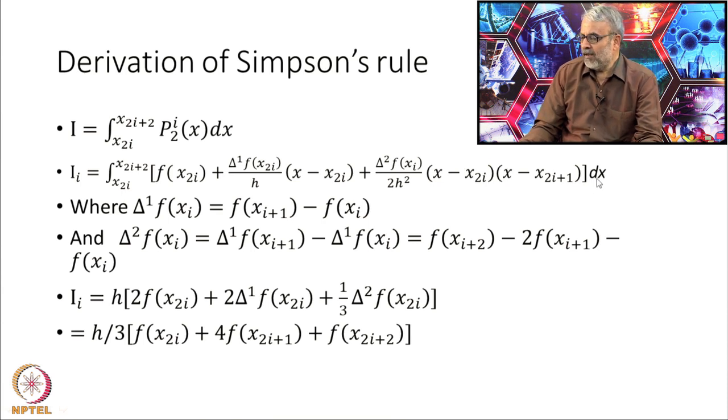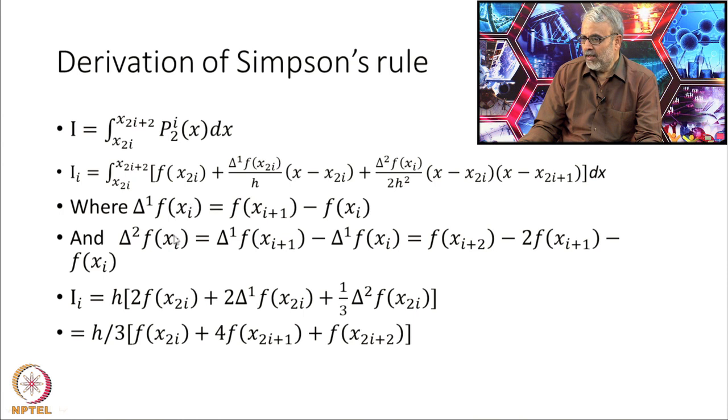Let me define the first order difference as f(x_i+1) minus f(x_i). The second order difference is the first order difference at x_i+1 minus the first order difference at x_i. When you expand everything, it is f(x_i+2) minus 2f(x_i+1) plus f(x_i). This is my second order difference, and that is my first order difference. So you put all those differences here and integrate.